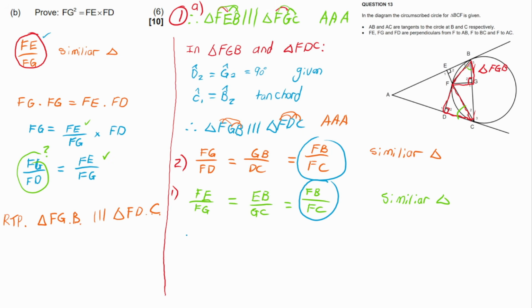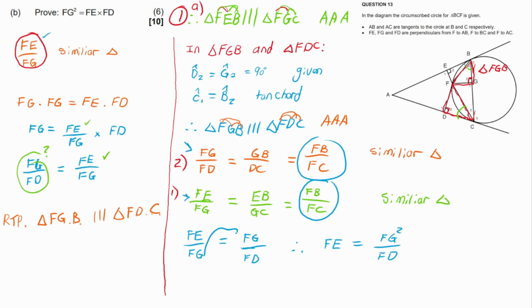What I notice now is I have FE over FG, which I got from here, and I know this is equal to FG over FD, which I got from here. So I can rearrange this and times both sides by FG, and I get FE is equal to FG squared over FD.